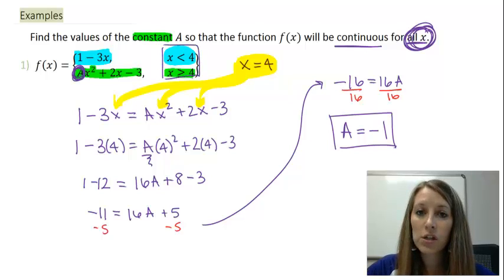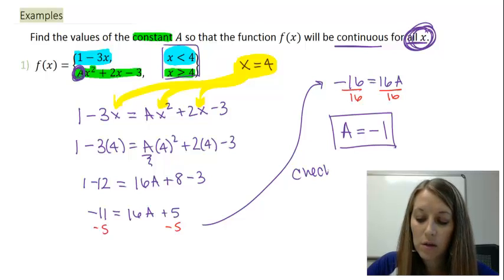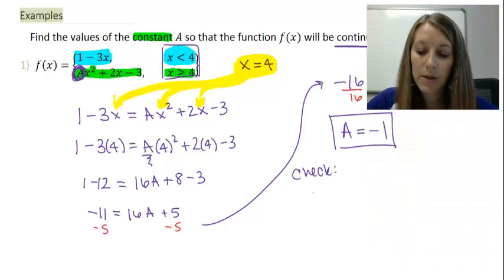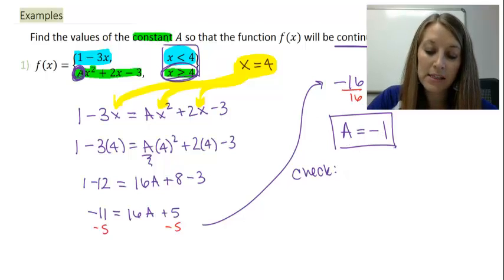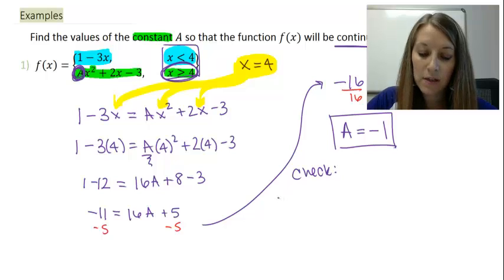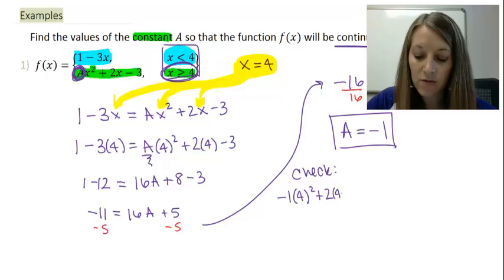And if you don't trust yourself, you can always check it. So let me substitute back a equals negative 1, and again, x is equal to 4. On the right, negative 1 times 4 squared plus 2 times 4 minus 3 gives me negative 16 plus 8 minus 3.